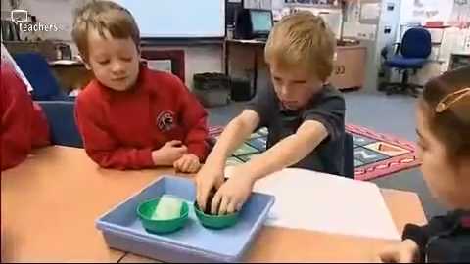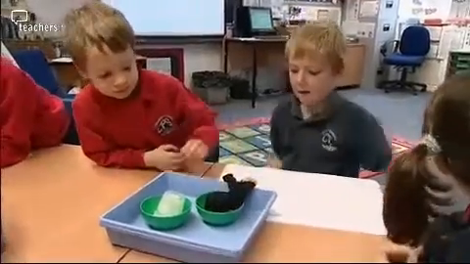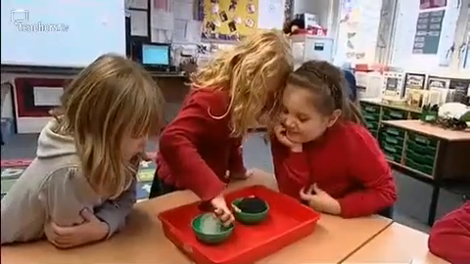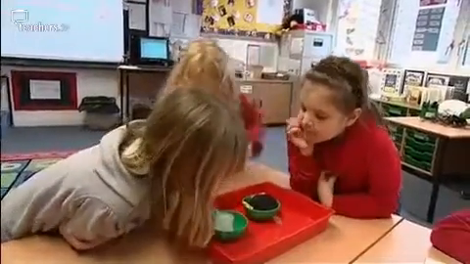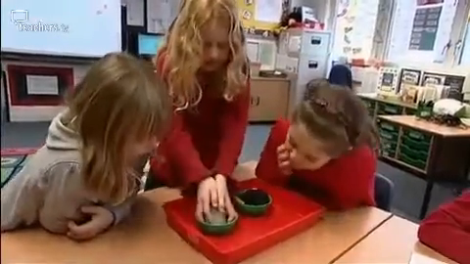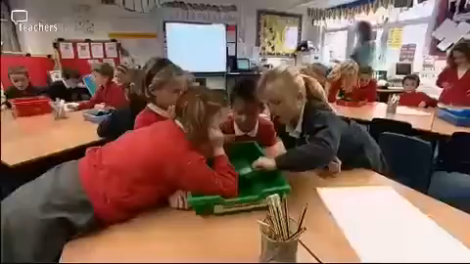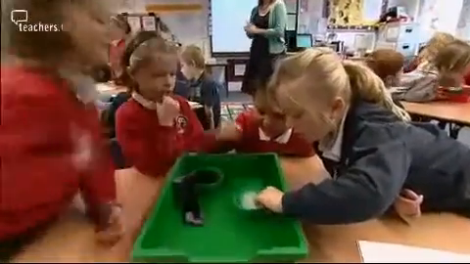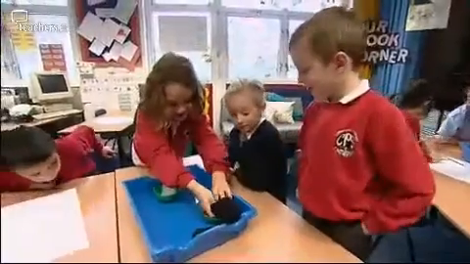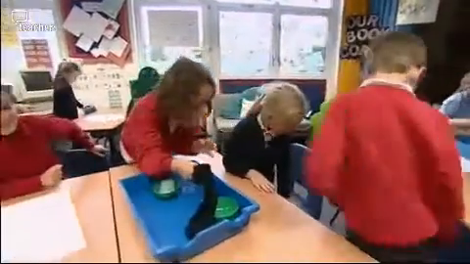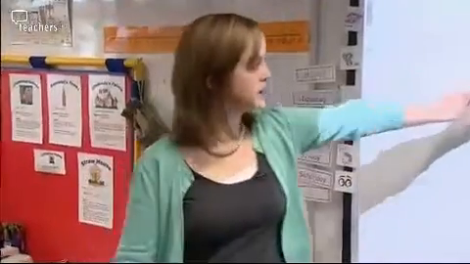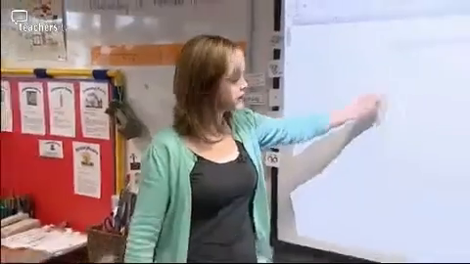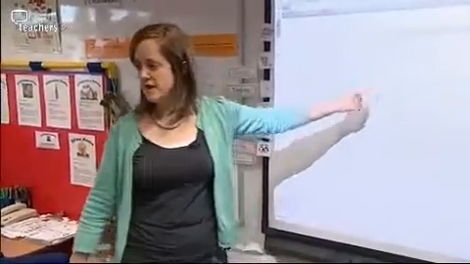They go away into their groups and each group has 2 snowmen, 1 with a sock on it and 1 that stays uncovered. It's really important that the children don't handle the ice too much because the warmth of their hands will cause it to melt. Using words and pictures, record in your first box what the snowmen looked like at the beginning.